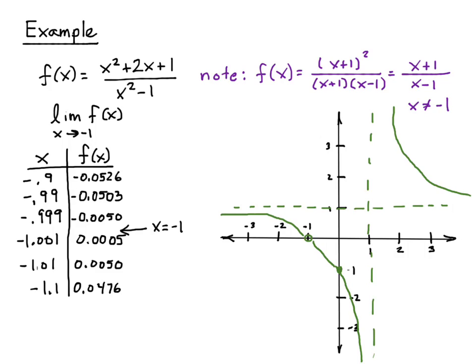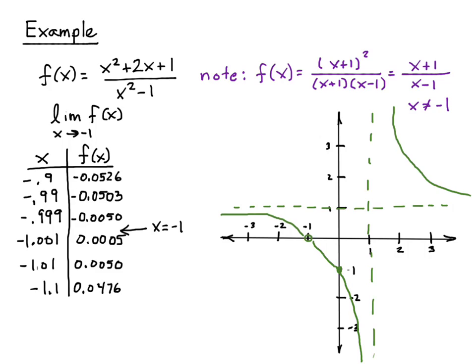All right, so to revisit that statement that I made in the last chart, if I say that limit is 0, I can get as close as I want to 0 by having values of x that don't equal negative 1, but that are very, very close to negative 1. So as close as you can challenge me to get to 0, I'll find an x value that gets me there.